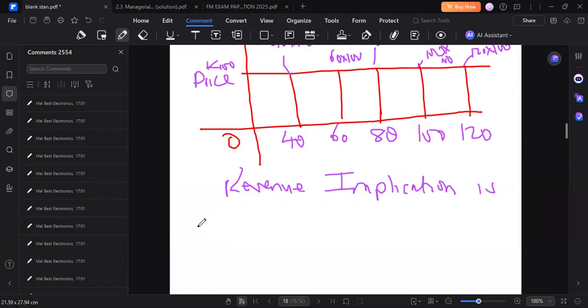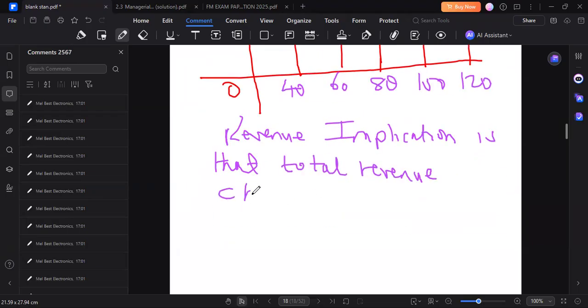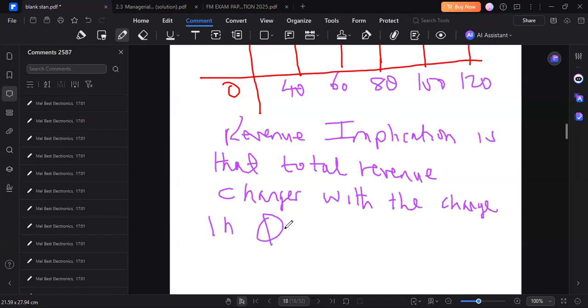So the revenue implication is that total revenue changes with the change in quantities. I'm sure you're getting my point there.